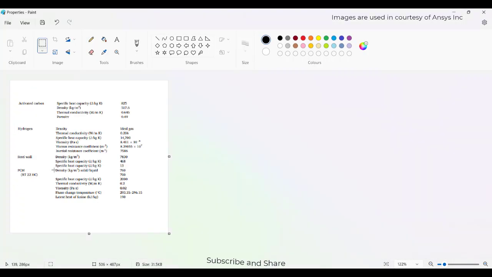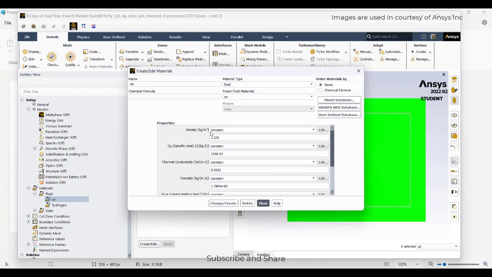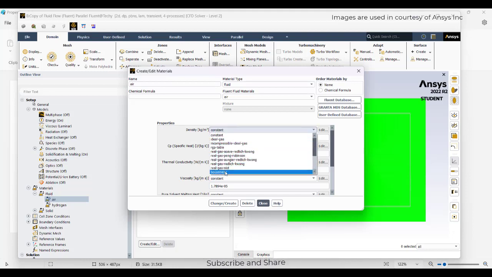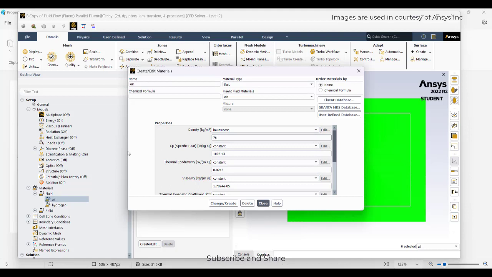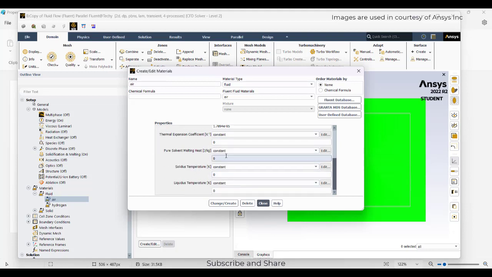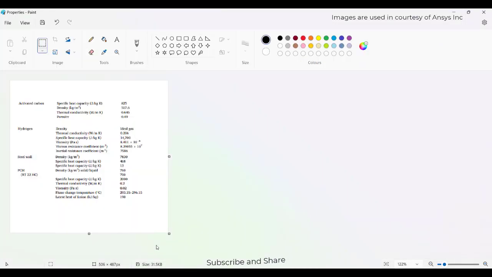You can just check the PCM. So density will be taken as 760. This is assumed as a Boussinesq approximation with 760, and coefficient of thermal expansion I will be taking as 0.01. You can just check these properties.